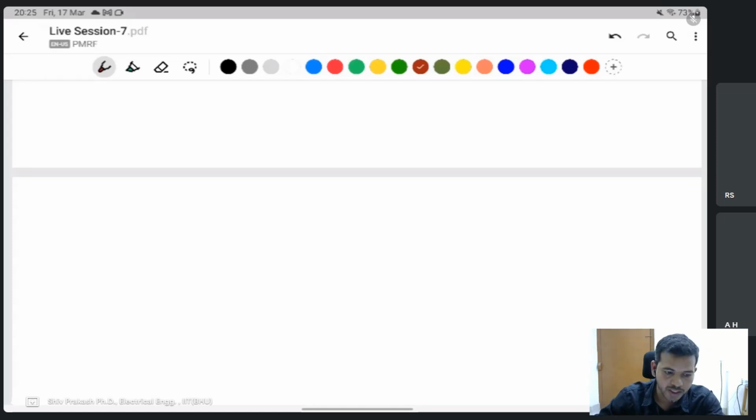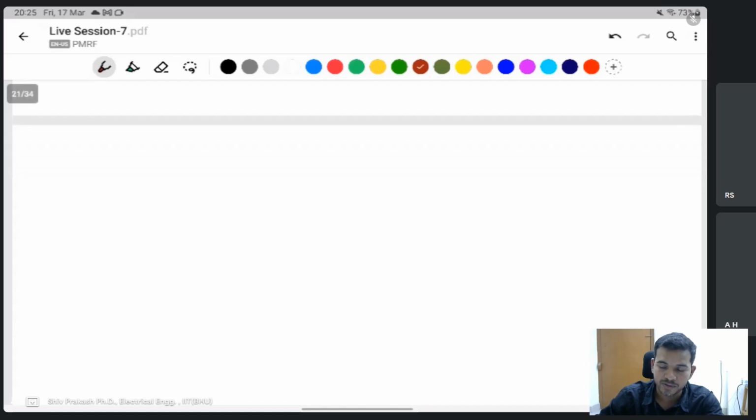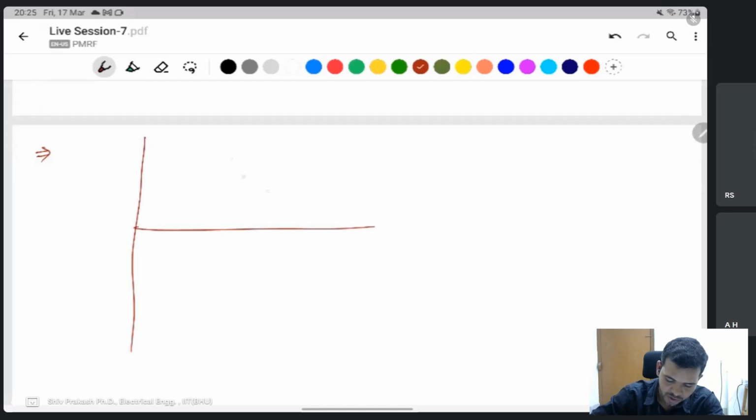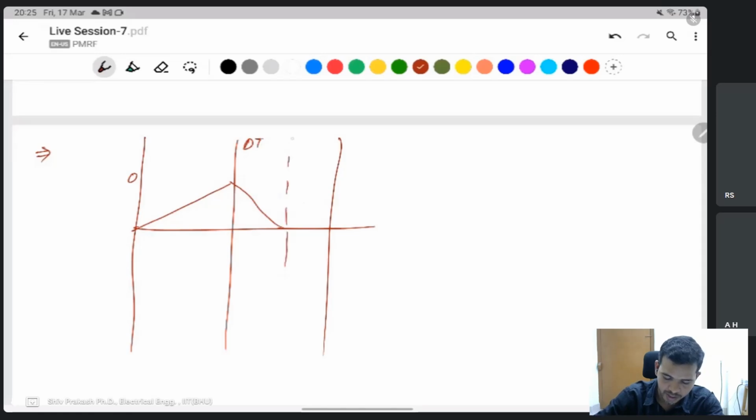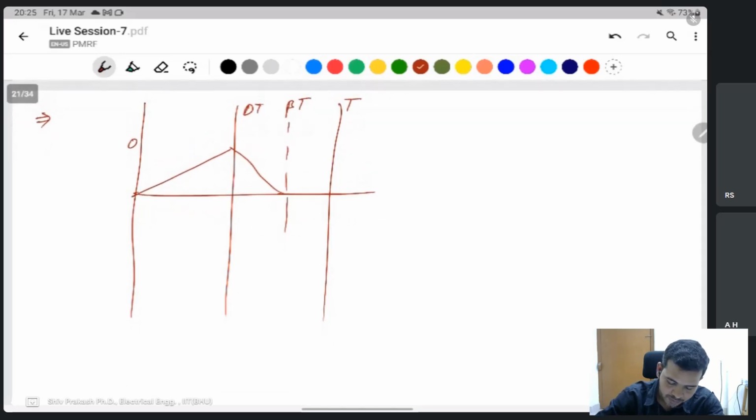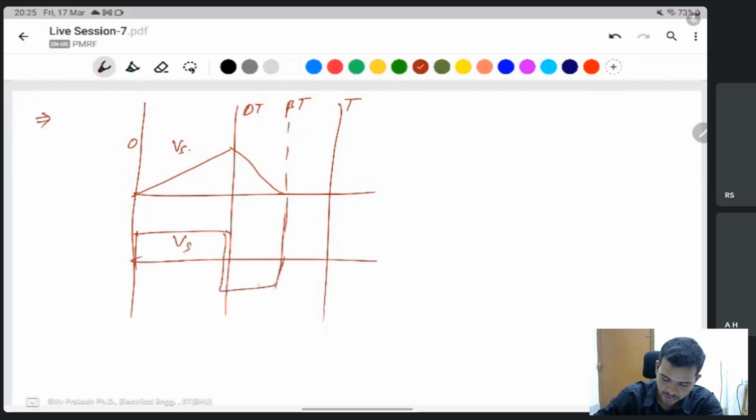Find the discontinuous conduction output voltage of the boost converter and buck boost converter. You can find this one or derive it. Yeah, output voltage. Buck boost converter, same thing. You can derive it like this: zero to the time period, the switch is on for dT, and this one we take as beta T. So in the total time period, when the switch is on, then Vs is supplied. When the switch is off, then minus V naught.